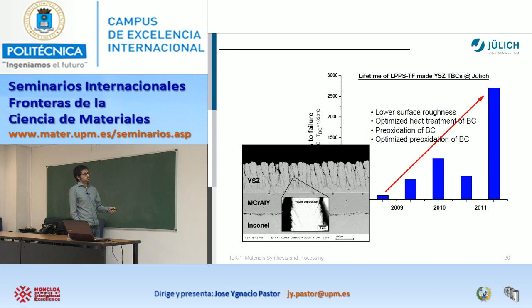Of course, with the optimization, the number of cycles at high temperature increases. It's not only that, okay, I will create a thermal barrier coating or a coating for wear and that's all. Of course, it requires several years of working on that, and the properties can be modified, depending on the properties that you need.